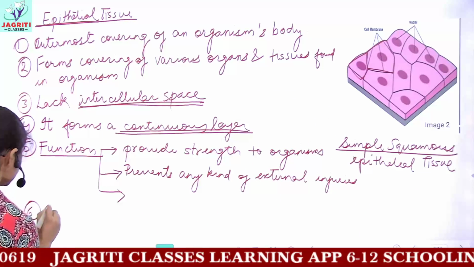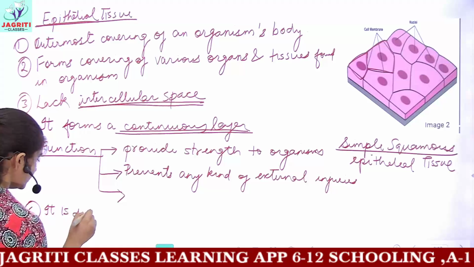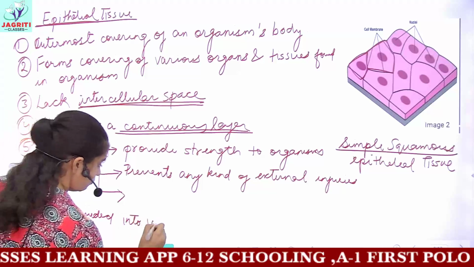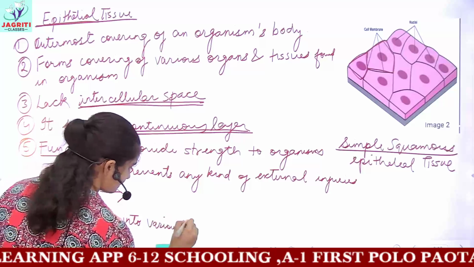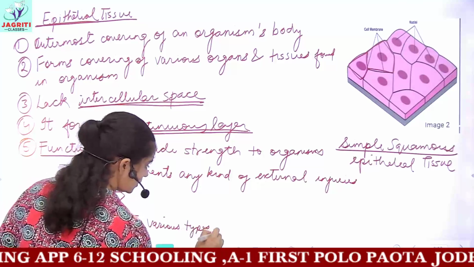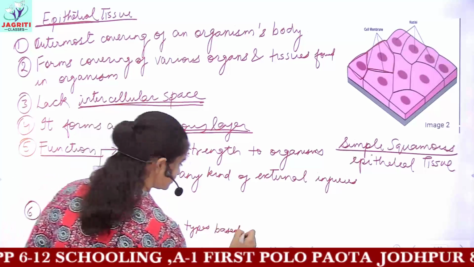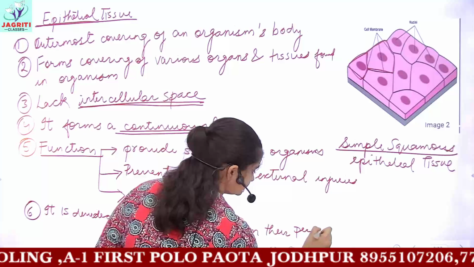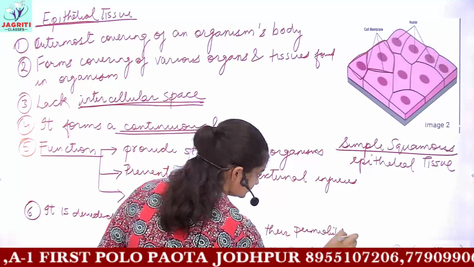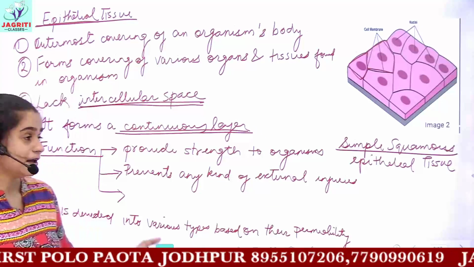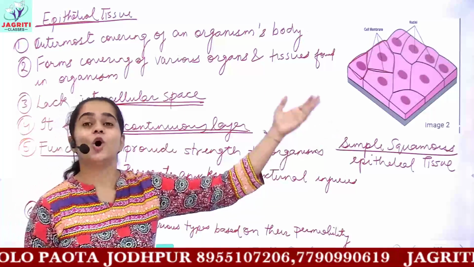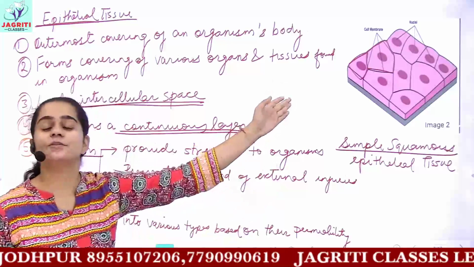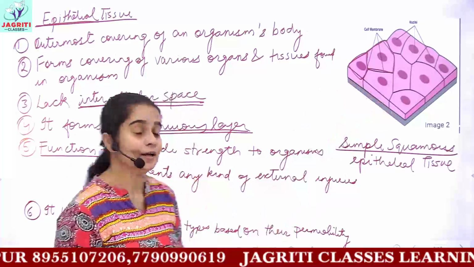So we can say that epithelial tissue is divided into various types based on their permeability. And because every group of this tissue shows different permeability, we have such different kinds of epithelial tissue in our body.